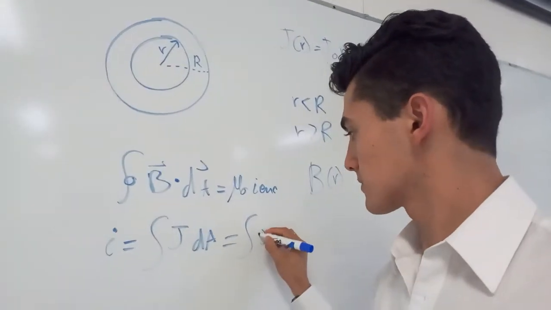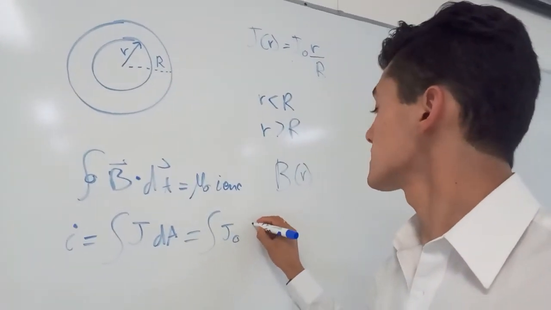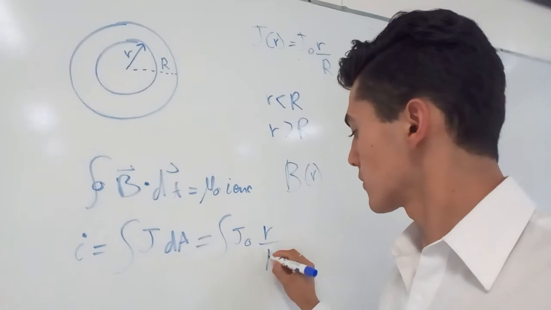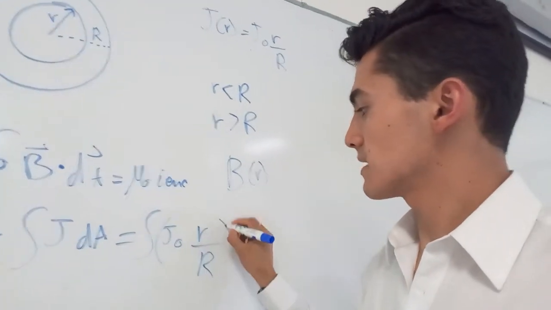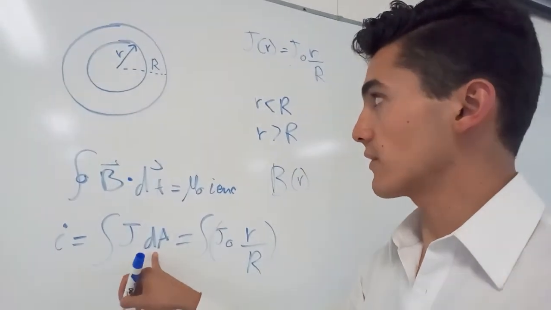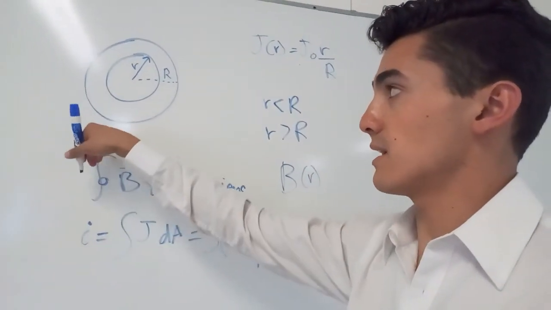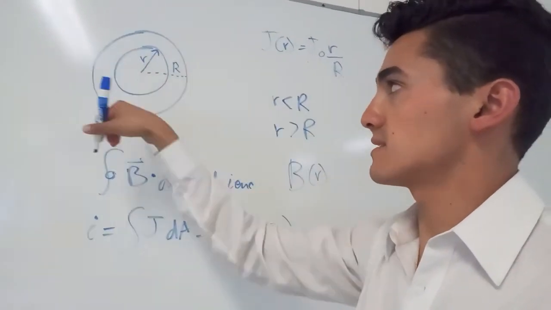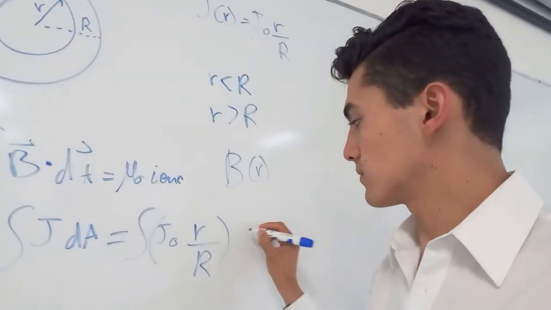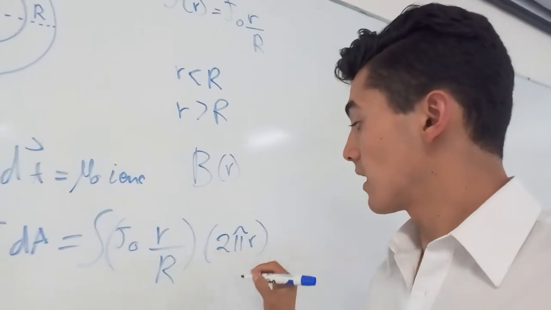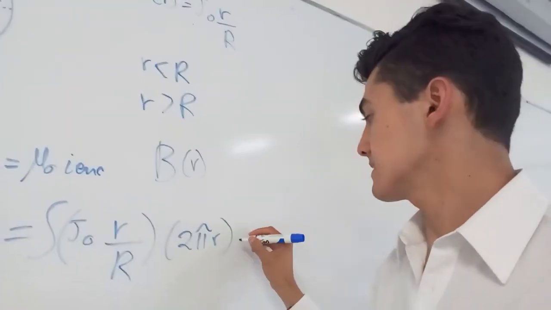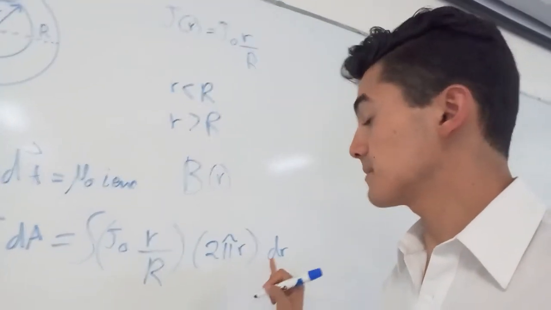So we use J naught times small r over capital R, and this times our differential of area. The area of this cylindrical part is 2 times pi times our radius, times dr.